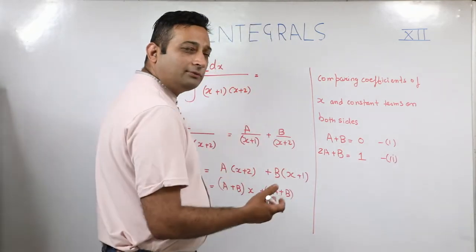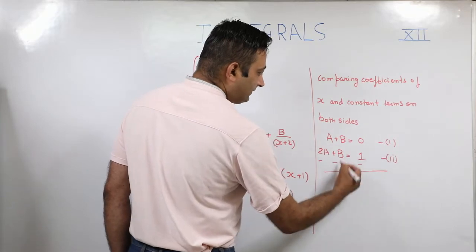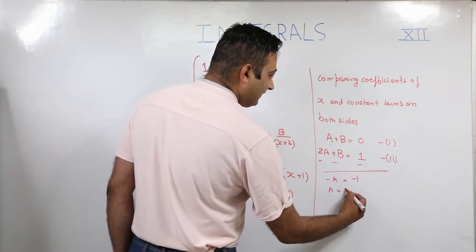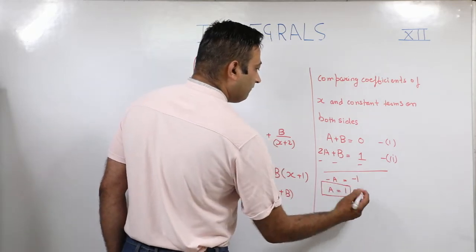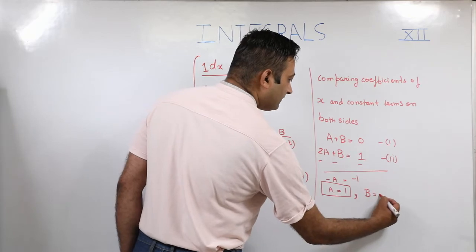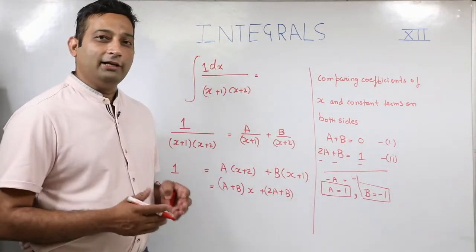Now we can solve this by elimination method. What will we get? Now we'll subtract these, we'll get minus A is equal to minus 1, that is A is equal to 1. We'll put A is equal to 1 in equation number 1, we'll get B is equal to minus 1. Now we have A and B available with us.